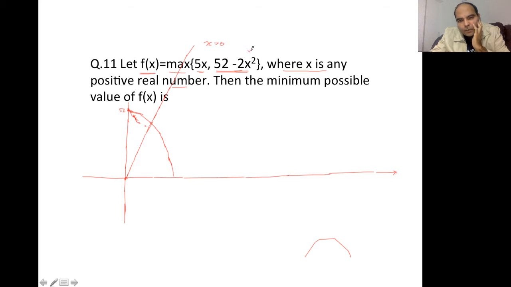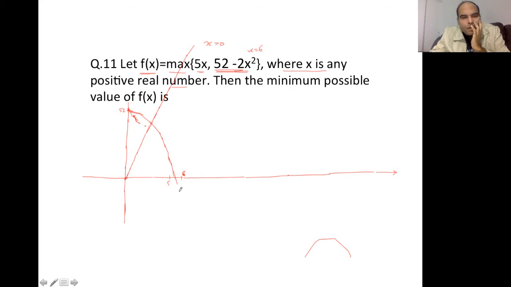At x equals 6, 52 minus 2x squared will go negative. So this crossing is going to happen somewhere between 5 and 6.